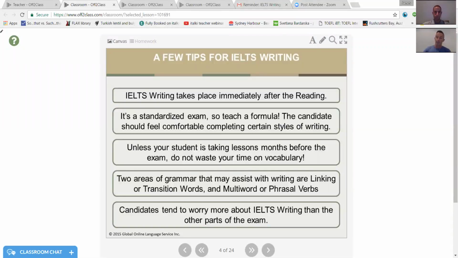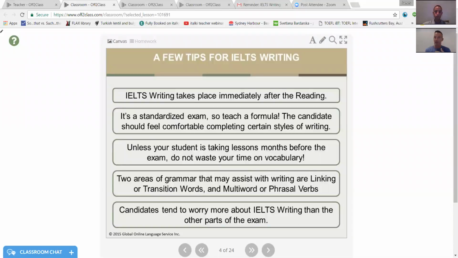One of those is linking words. They're also known, actually they're probably more known as transition words. These are the words that make our writing more interesting, and they also allow the reader more time, or they preface an idea that's coming. We don't use them as much in speech or in informal everyday English.